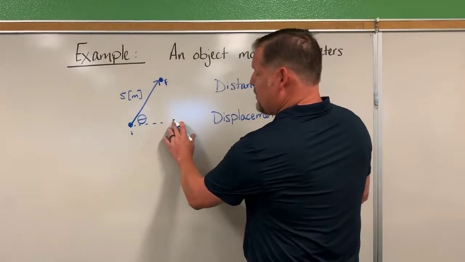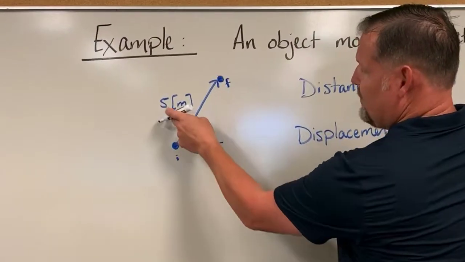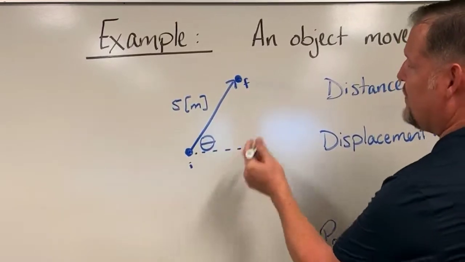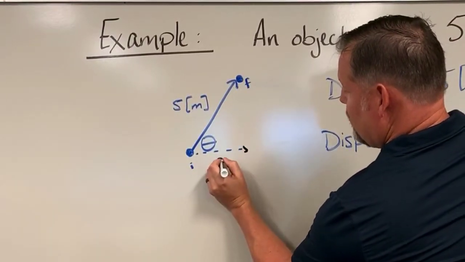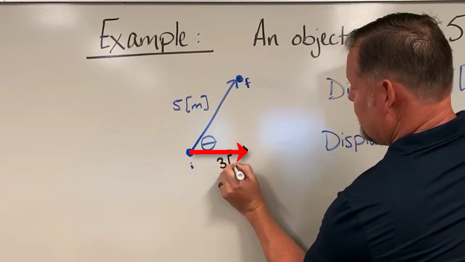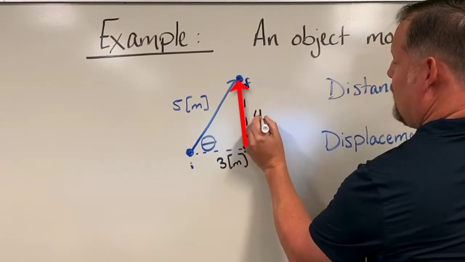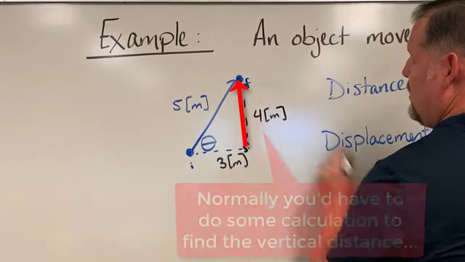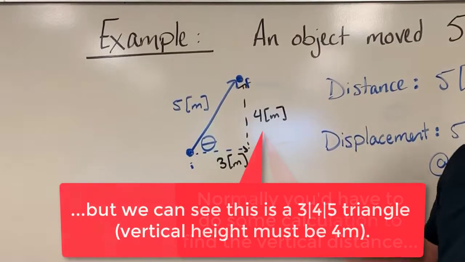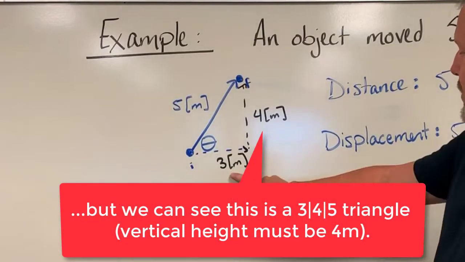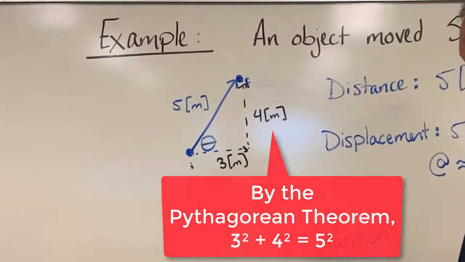And in this case, for my made up example, if you travel 5 meters at about 53 degrees, it's the same as going over 3 meters and going up 4 meters. There's some Pythagorean theorem or something you can do there, right? 3 squared plus 4 squared is going to get you that.